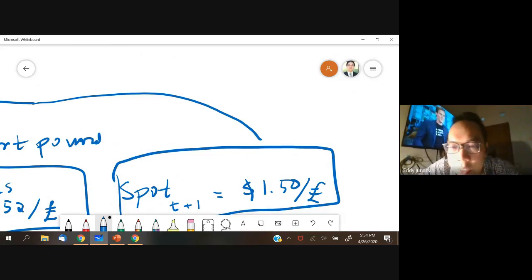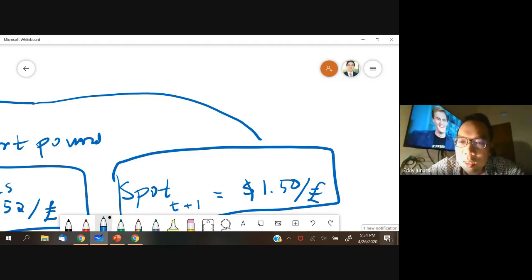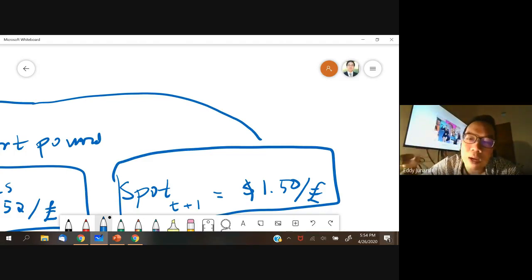So last year we could get £1 by paying $160, but this year, to get £1, we only need to pay $150. So the pound has depreciated, or in other words, the dollar has appreciated, right?